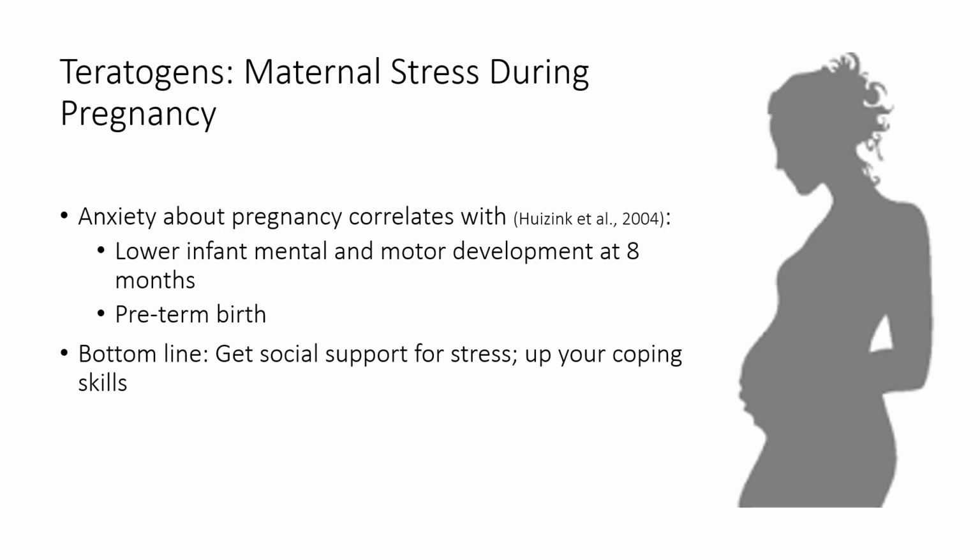And so what you can see is that the more a pregnant female has that, the lower the infant mental or cognitive and motor development at 8 months, and higher preterm birth. And again, this is correlated, so it could be that the pregnant female has some reasons to worry, and that's just correlated with premature birth, but those things are correlated.